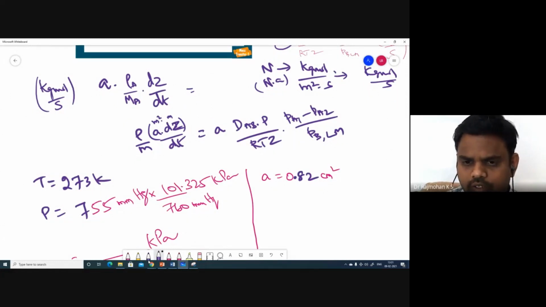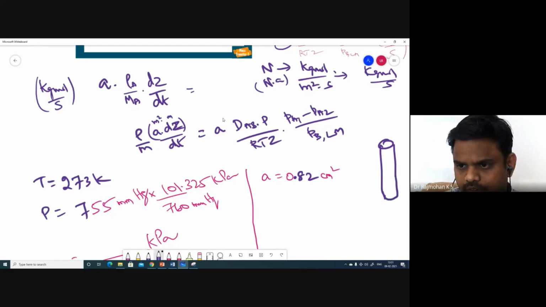So we have the cross section area of the tube given. This can be converted to meter square: 0.82 into 10 power minus 4 meter square.